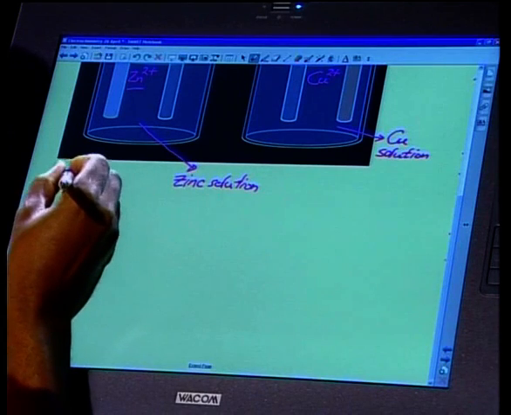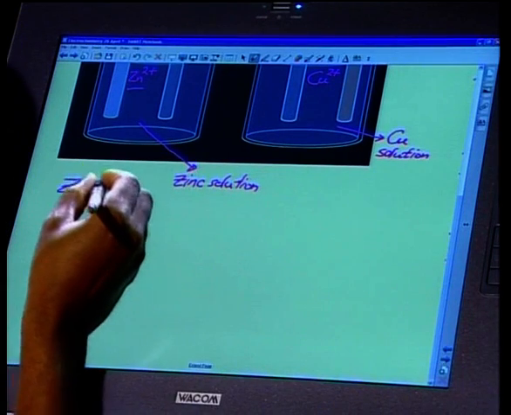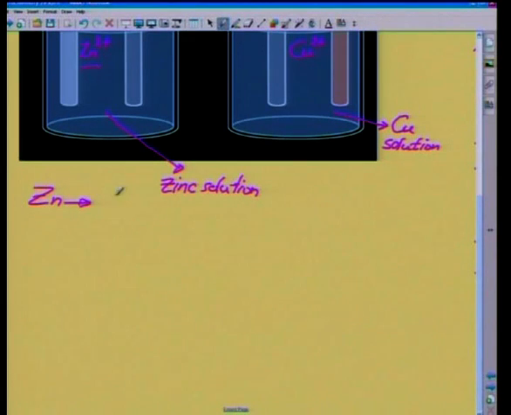On the side of zinc, you would remember that we've got the zinc electrode, Zn. What happens there is that the zinc has been observed to be losing electrons and forming the zinc ions. Each atom of zinc loses 2 electrons.